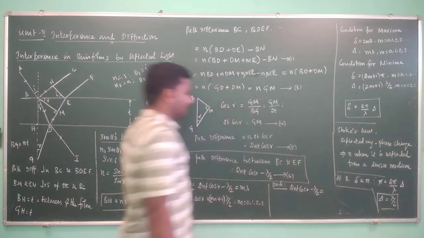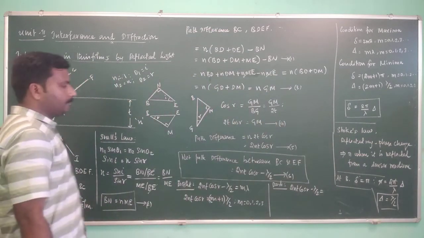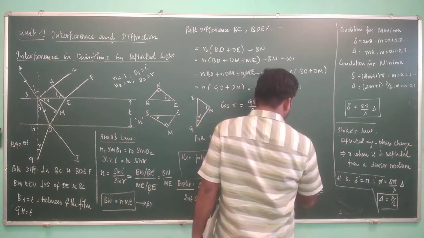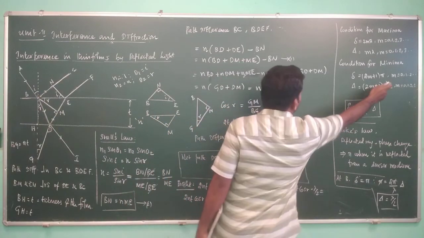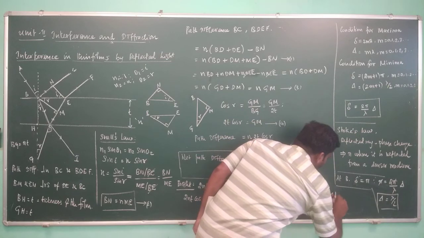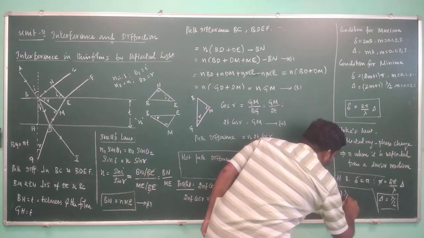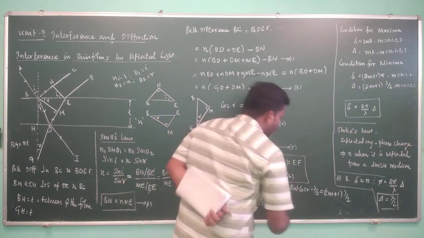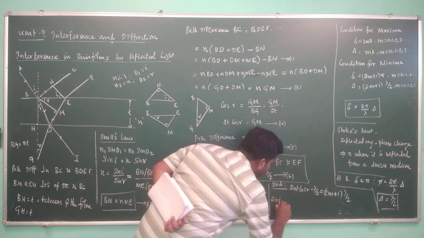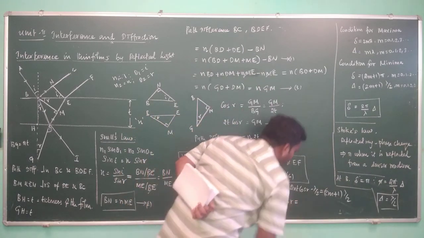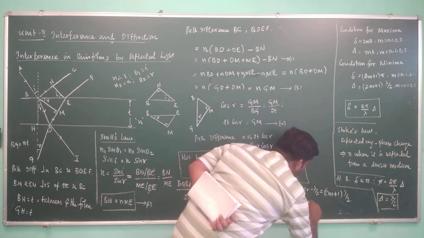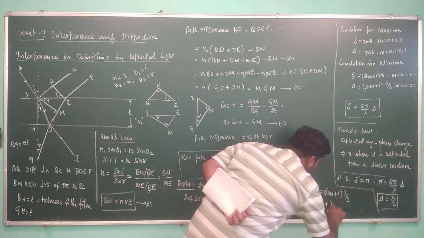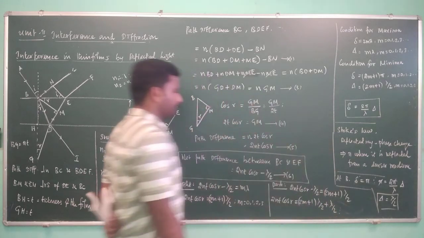Now, if you want the film to appear dark, then it should satisfy 2nt cos r minus lambda by 2 should be equal to 2m plus 1 lambda by 2. If you bring this lambda by 2 to the right hand side, 2nt cos r is equal to 2m plus 1 lambda by 2 plus lambda by 2.